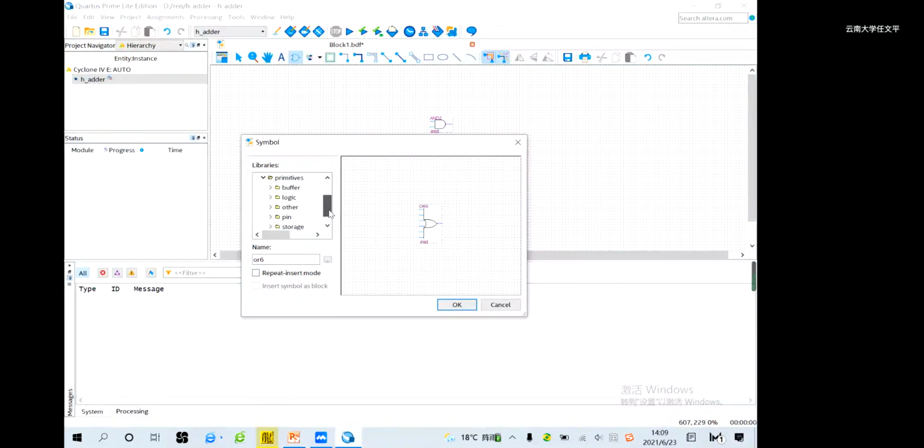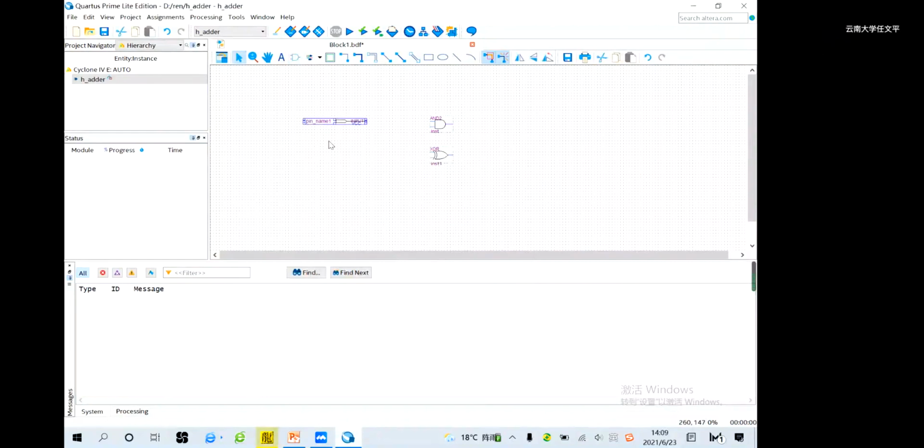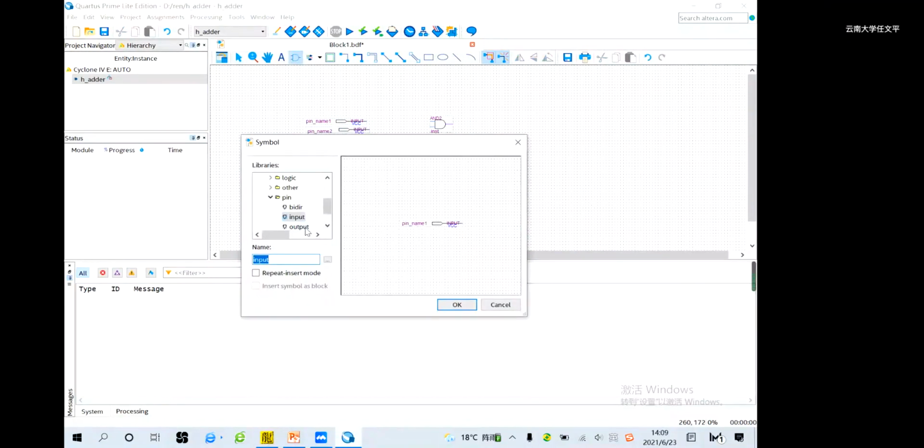Input and output are included in this sub library, pin. Primitives and sub library pin. Open the pin: input and output. Output.